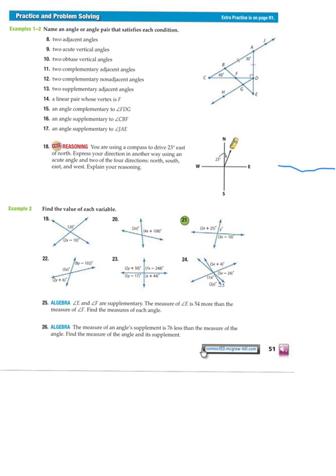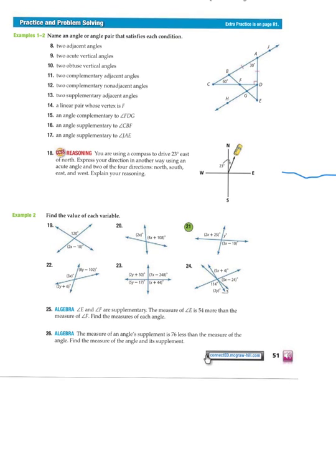For instance, if I zigzag that line and zigzag that line, then I can see that these two angles are vertical. Now, I don't think I need that in that situation. I just wanted to use a figure that had more than two intersecting lines there to show you that sometimes you're going to have to, this line ain't going to want to go, is it?